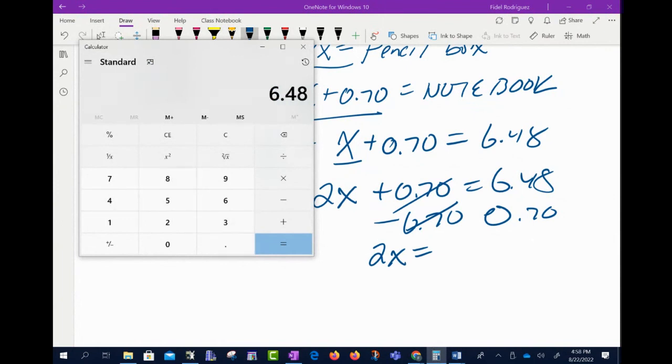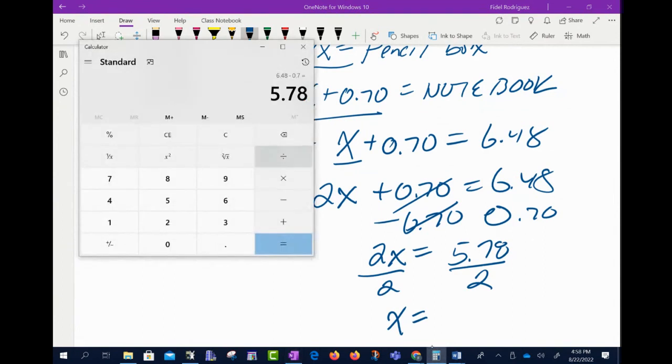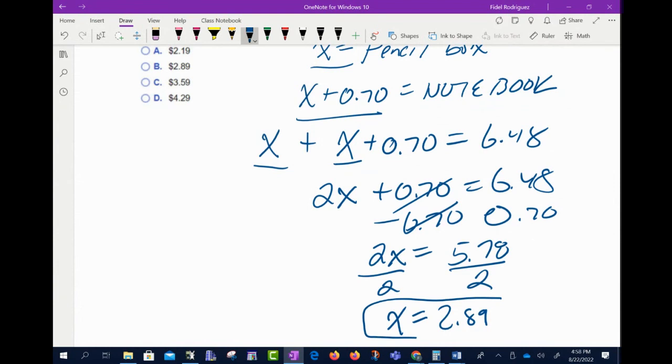So $6.48 minus 70 cents is $5.78. And we'll divide everything by 2. And that's giving me $2.89, right?